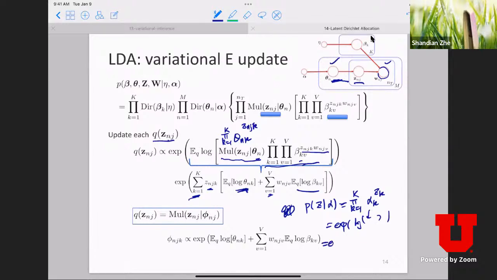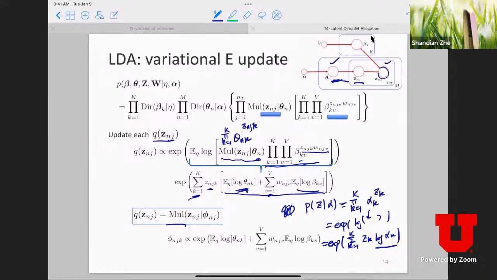If you take a logarithm, you see that this is essentially a summation over small k from 1 to big K of z k times the logarithm of alpha k. So you can see that the form here matches, right? From this form, you can immediately say my updated posterior corresponds to a multinomial distribution.